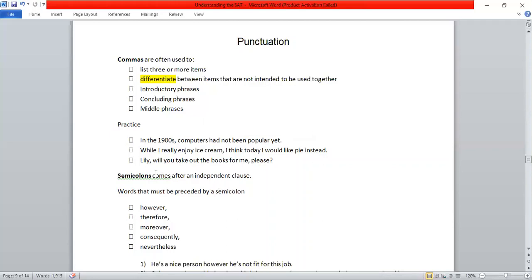Okay, let's move on to semicolon. So semicolon always comes after an independent clause, unlike the comma. Comma comes with the phrases, except when you have a comma and. And semicolon, which is very similar to comma and or comma but kind of sentences which I was telling you earlier, always comes after an independent clause.